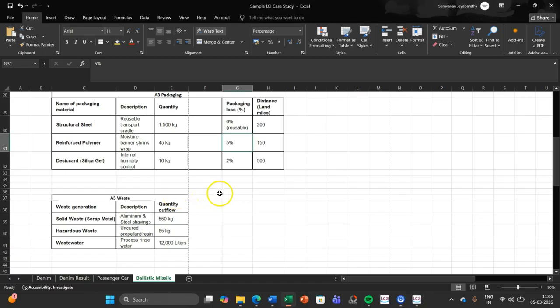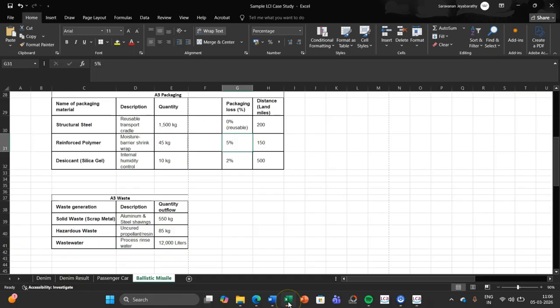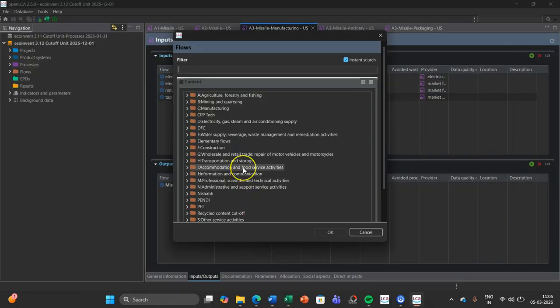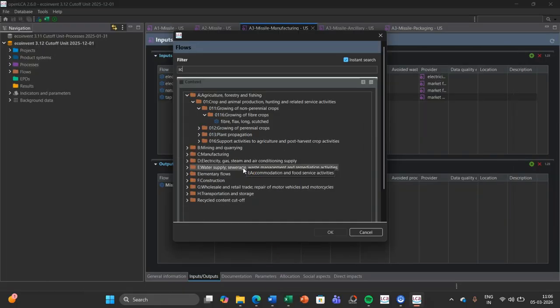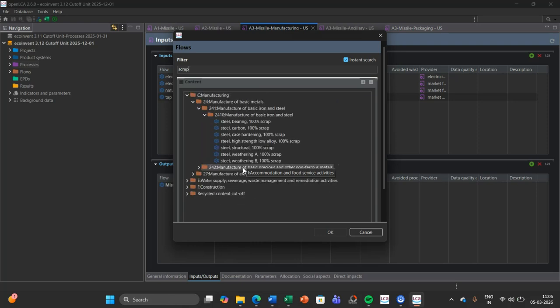Okay. Then finally, as a whole, A3 waste, we have solid waste, hazardous waste and wastewater. So we can add it in the manufacturing, as in the output. What are they? Scrap metal. Scrap.